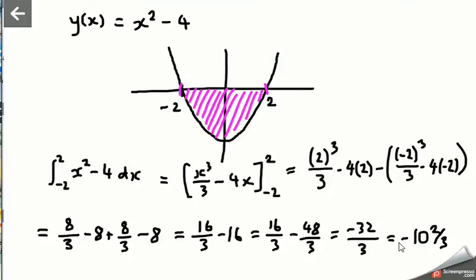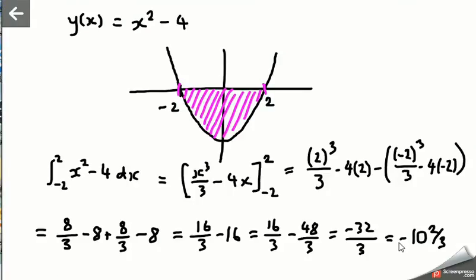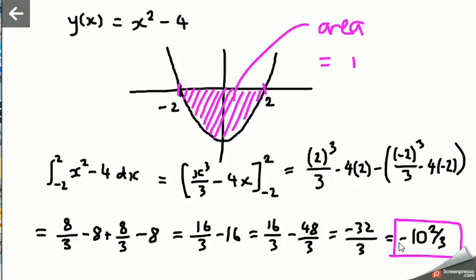So you've got to be careful. This pink area is not negative 10 2/3 units squared as we thought it was. The pink area is actually the negative of that, so it's 10 2/3 units squared.